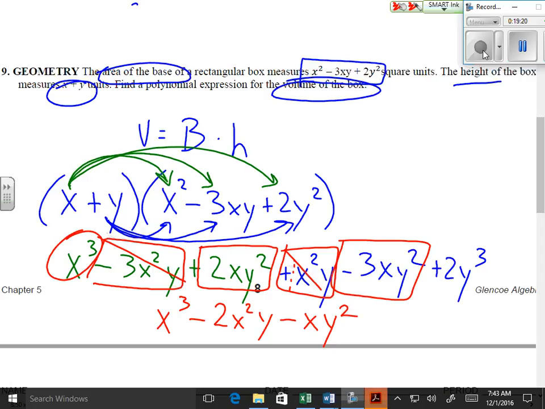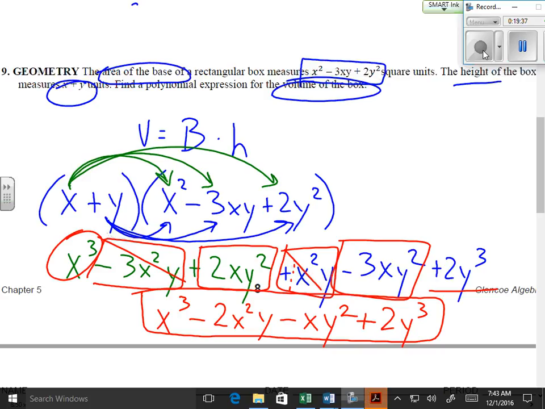And then all I have left is the y to the third, which I have no others of that type. So it's going to stay as it is. Now all 4 terms are different. They're unlike, so I can't combine them any farther. Nothing cancels out. We're left with a 4-term answer.